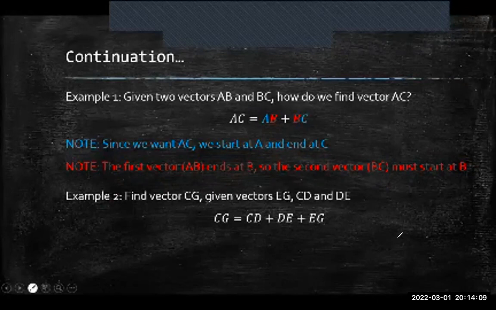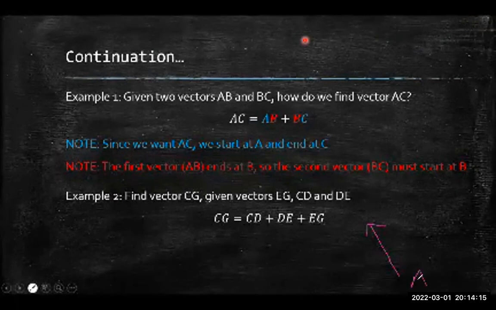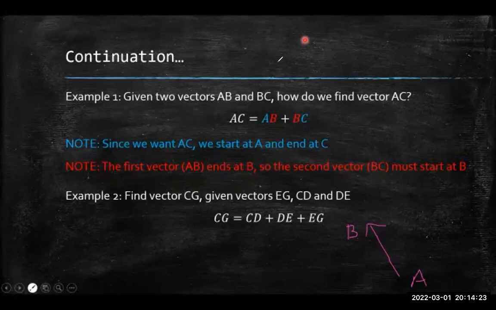Just like what we are doing, right? My first vector AB ends at B, so the second vector must start at B. This is my first vector in pink, my second vector is in green.